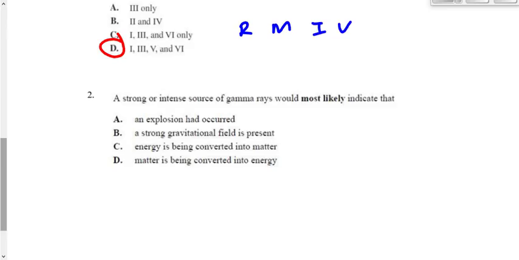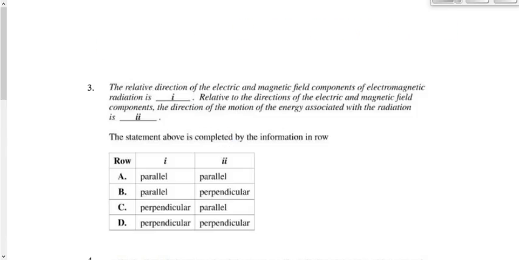Infrared, visible light, and ultraviolet were all produced by electrons transitioning from one level to another within atoms, from a high level to a low level. X-rays were produced by rapidly decelerating electrons, and gamma rays were produced by nuclear decay, which really boils down to matter being converted into energy. So the answer would be D for that one.